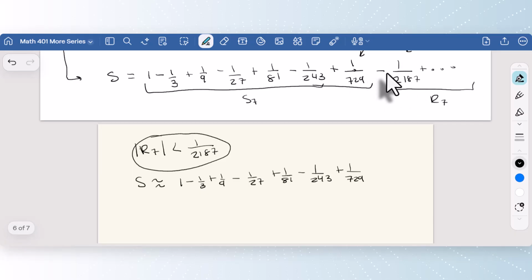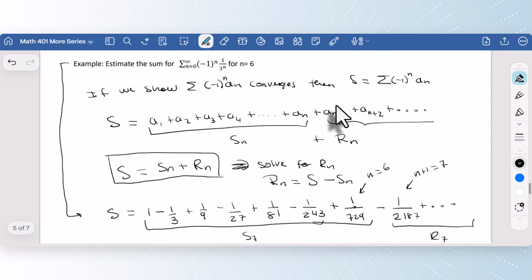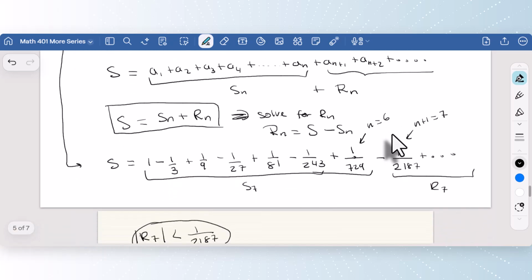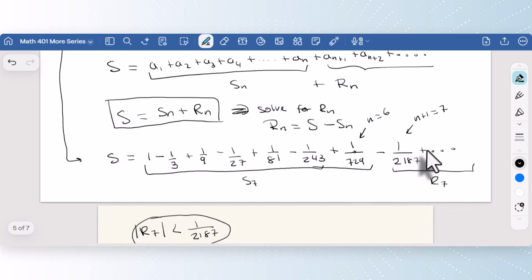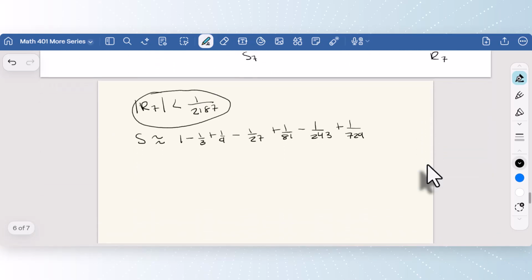And this makes sense because we already said that this converges, right? So if this converges, the limit is going to 0, and so all of these terms are getting smaller, decreasing, going to 0. In your alternating series, this is going to be the largest term, so the remainder is going to be smaller than that.